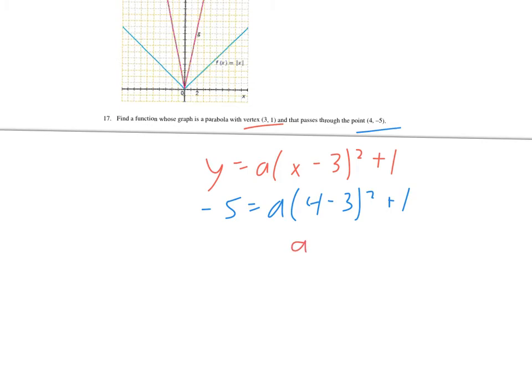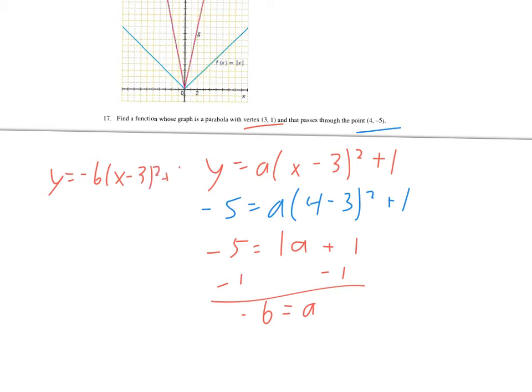So this is going to turn into 1a, since 4 minus 3 is 1 and 1 squared. All right, so now I'll subtract the 1 over, and a equals negative 6. So I'll write it as y equals negative 6 times (x minus 3) squared plus 1.